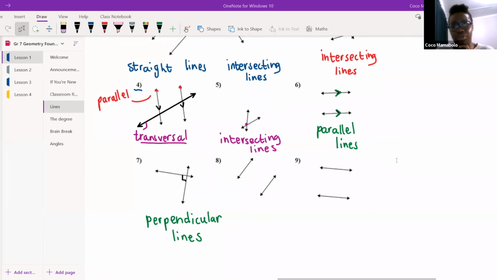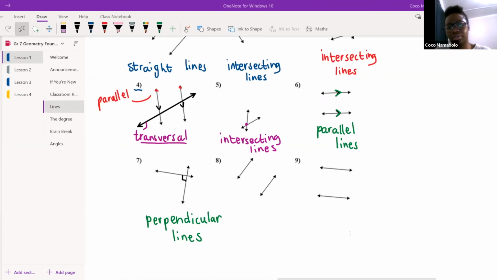Yes, Jaden, your hand is up. It's a different one, Teacher Coco. Is it a different Jaden? Okay. Yes. Okay. Karma, can I ask you to unmute and tell me what number 8 is?